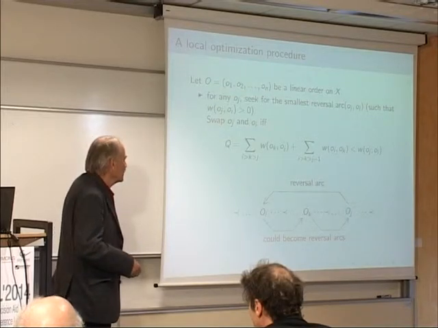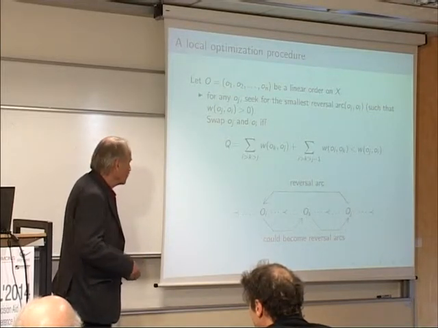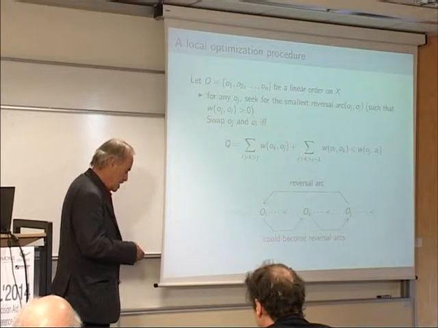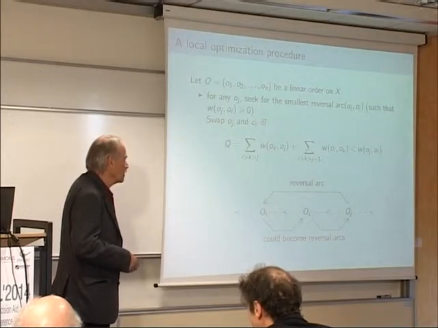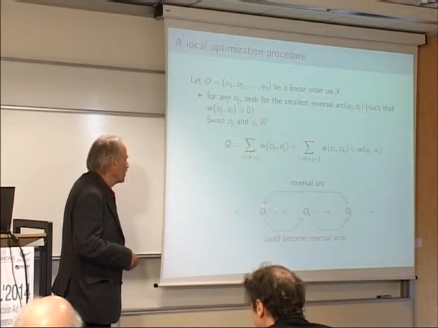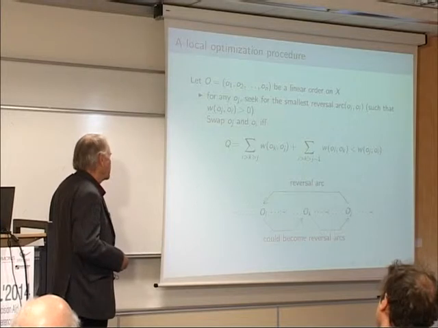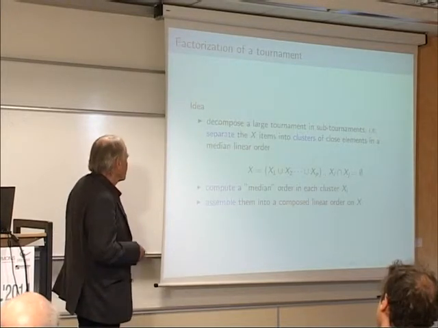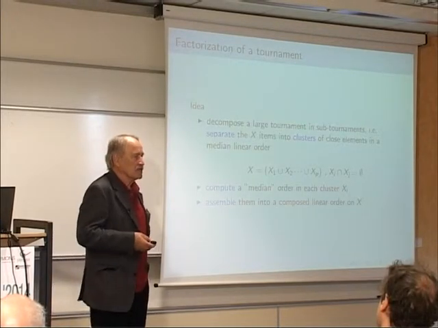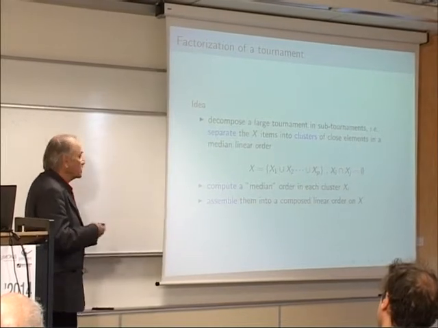So for the shortest reversal arc at any vertex, you test if it will be convenient to exchange this one and the preceding one. So now all that is classical, and what is the idea?